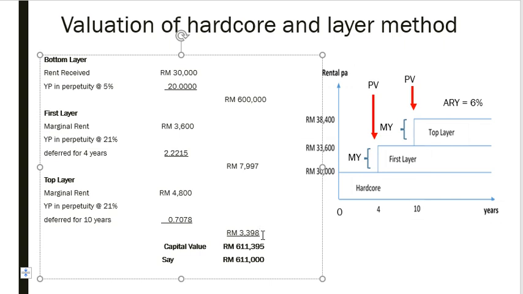You will get 3,398 ringgit. In order to determine the capital value of this freehold interest, you need to total up the capital value from the bottom until the top layer.